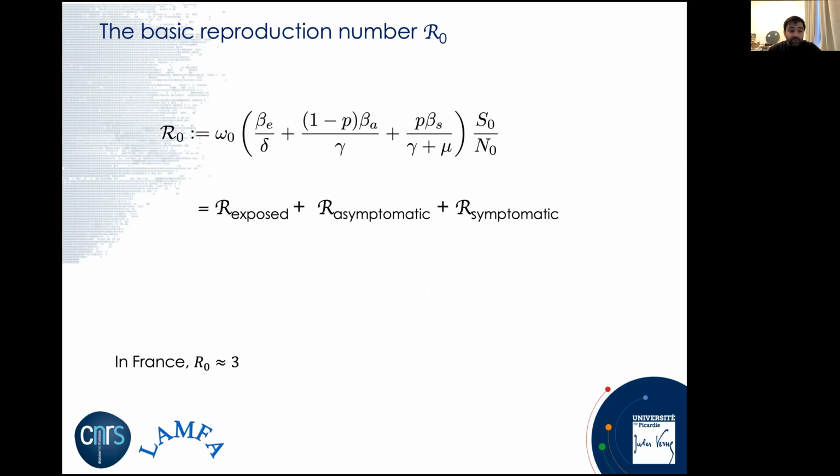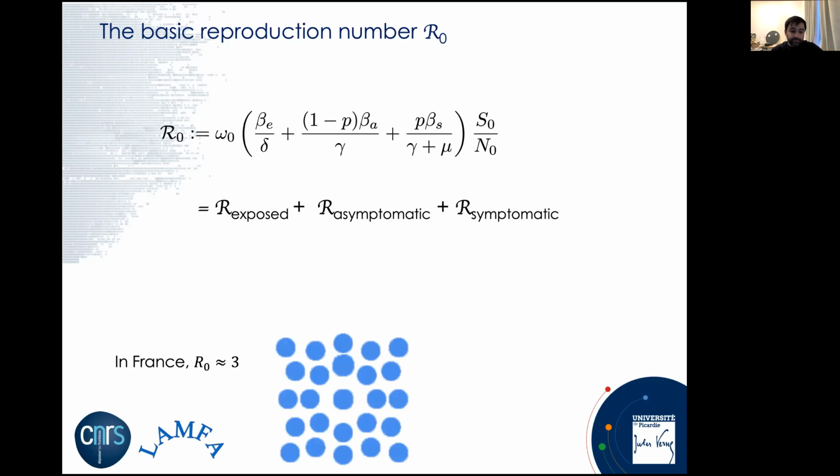And what I was saying, in the beginning of the infection, in January to beginning of March, the R0 was around 3. For my computation, I have 3.1, something like that. So what does it mean? This is important.